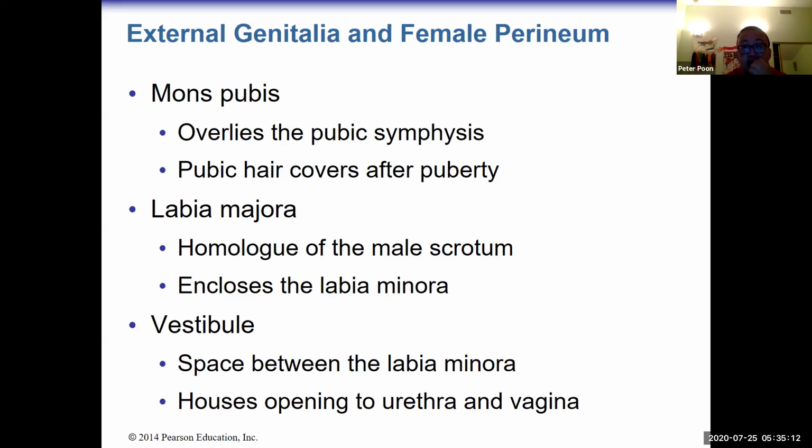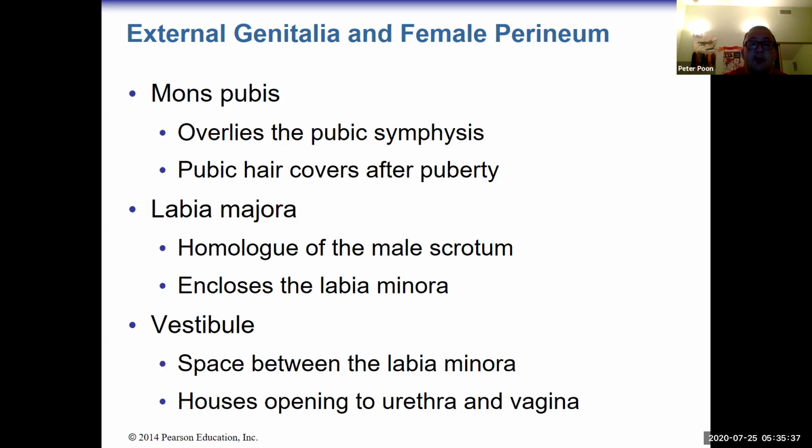The next thing is the labia majora. Labia means lips, majora is a bigger set. Underneath that is the labia minora, smaller set of lips. The labia majora is the homologue to the male scrotum. So the same tissue that makes a male scrotum makes a female labia majora.